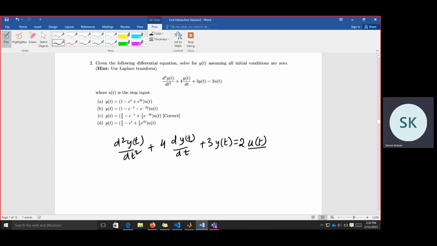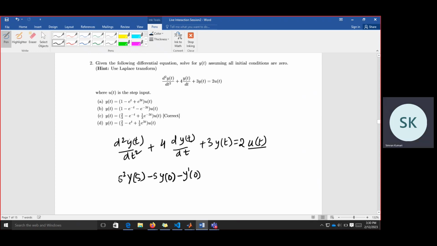ut is the unit step or step input. So what will be the Laplace transform of this one? Now this is d2y by dt square. This is the second order differentiation of y(t). So this will give s square Y(s) minus s y(0) minus y dash 0.